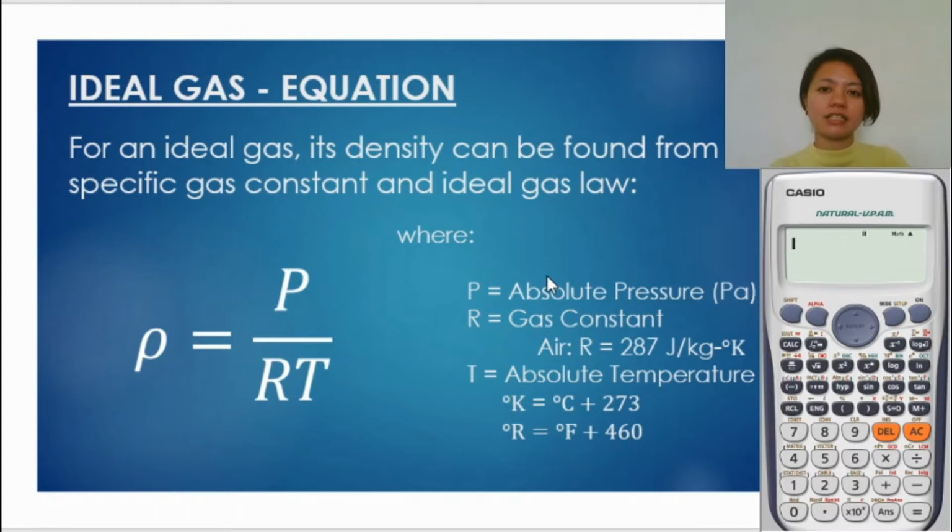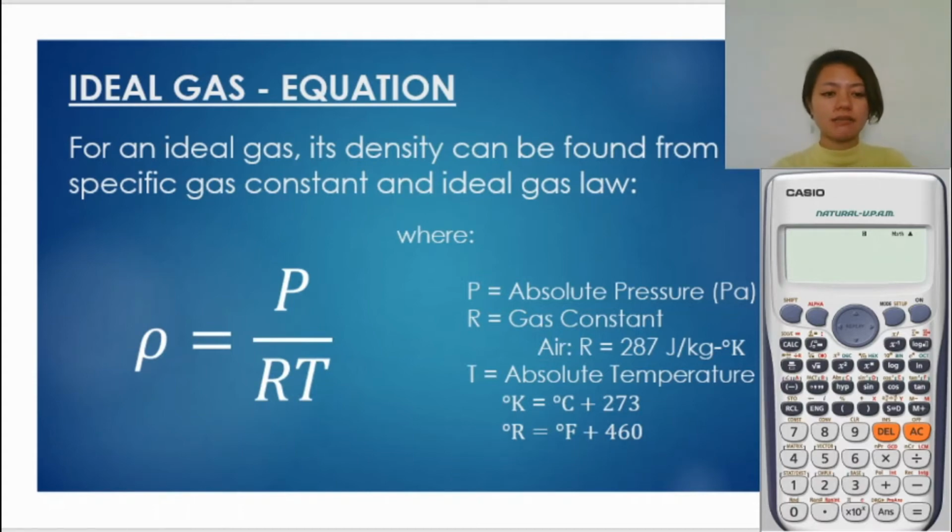Last time we had the density formula, which is more general for fluids. But when a gas is specified, that one is not applicable here. So we have density equals P, the absolute pressure, all over RT, where R is the gas constant. The gas constant is always given, and the temperature is usually in Kelvin.